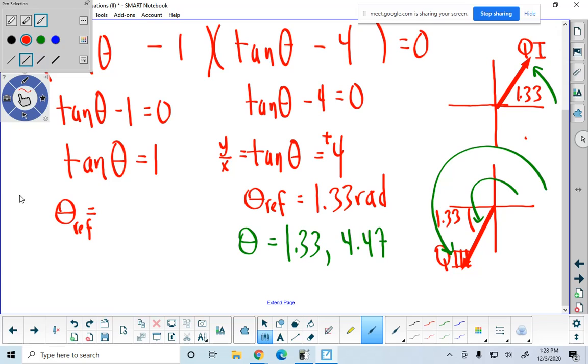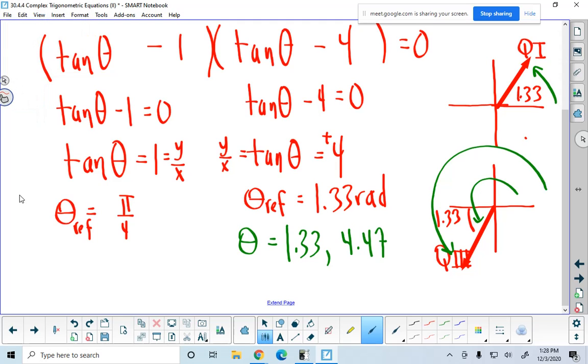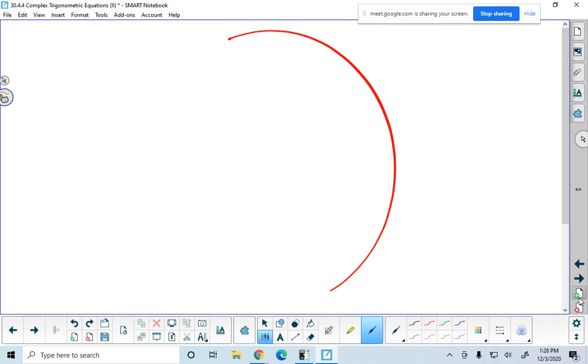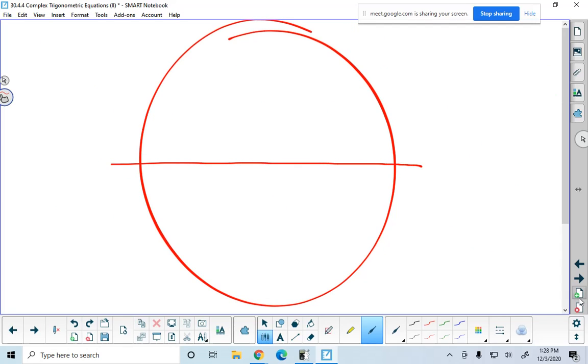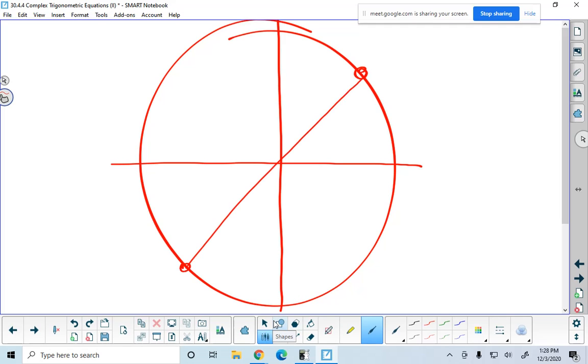And the reason why I know that is tangent is y over x. So we are looking at where y divided by x gives you 1. Well, how can that happen? How can you divide two things and get 1? The answer is if they're the same things. So when you look at your unit circle, I'll draw a bigger one this time. When you look at your unit circle, where are y and x equal to each other? Here and here.